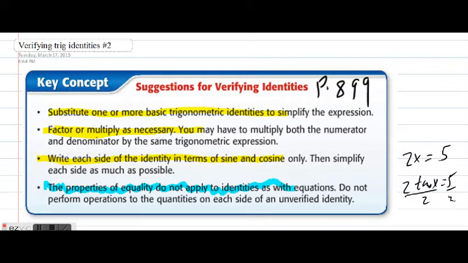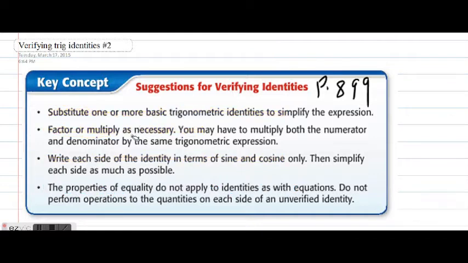You cannot divide both sides by 2, all right? So that's all that's saying: we cannot do one thing to both sides.